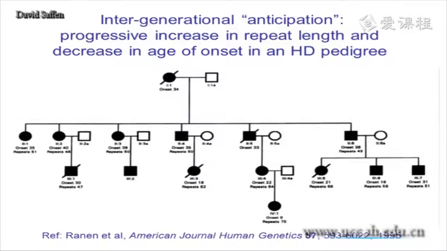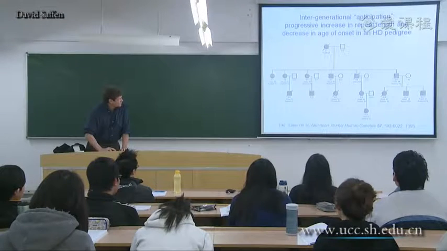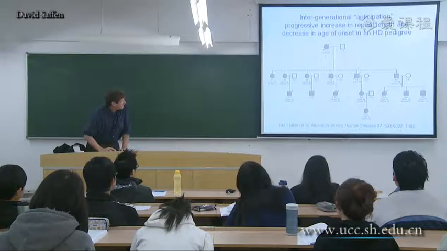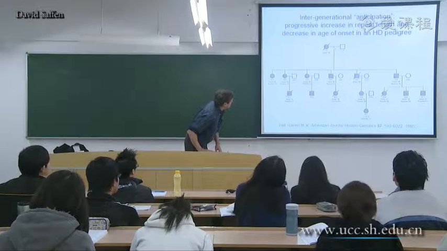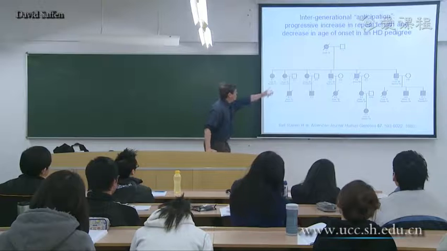Here's a study that was done by someone, a professor who's an acquaintance of mine from Johns Hopkins, where they looked at families. The black circles and squares are people who have developed Huntington's disease. And what you're looking at are the age of onset and then the number of repeats.